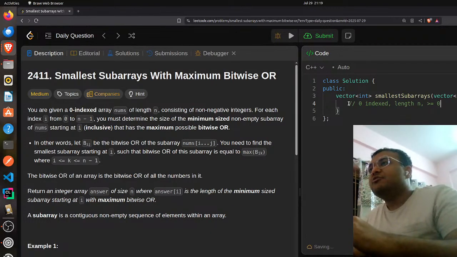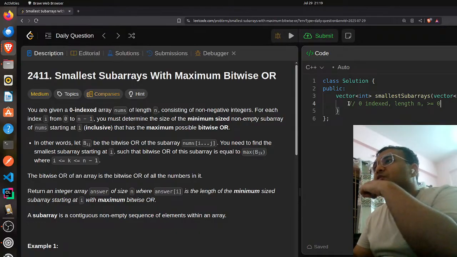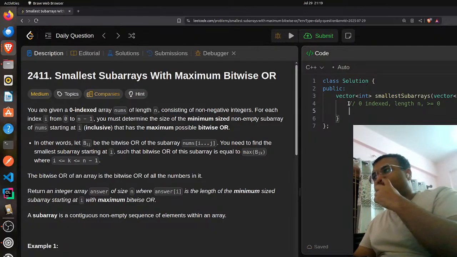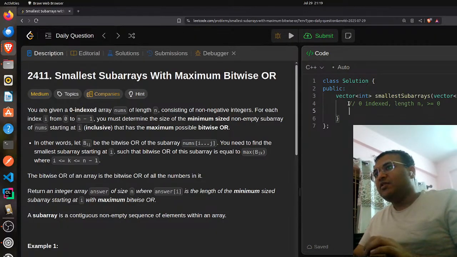For each index from 0 to n minus 1, you must determine the size of the minimum sized non-empty subarray of nums starting at i inclusive that has the maximum possible bitwise OR.